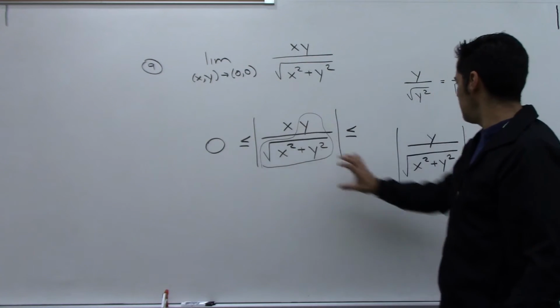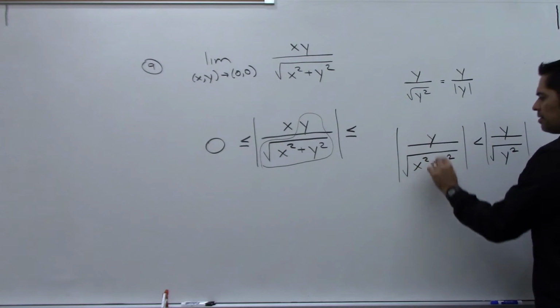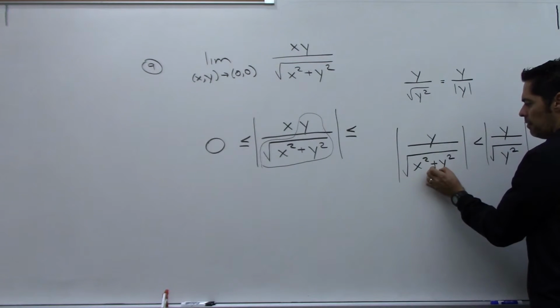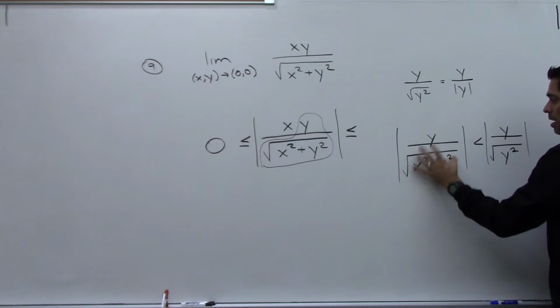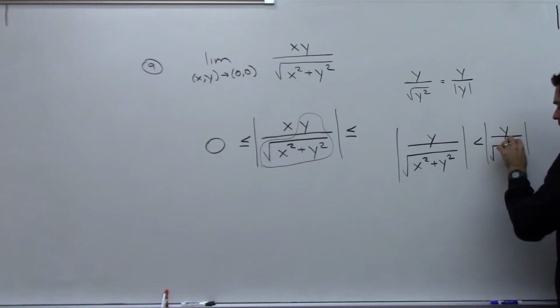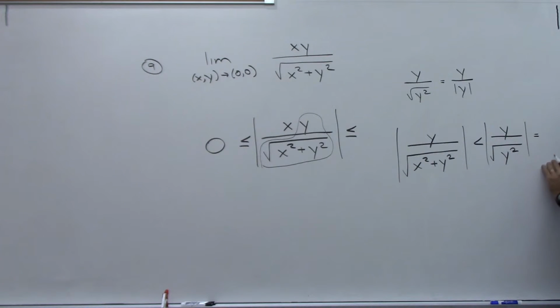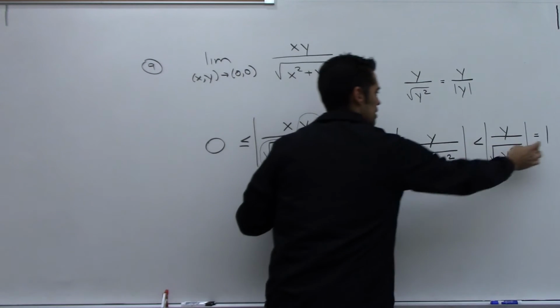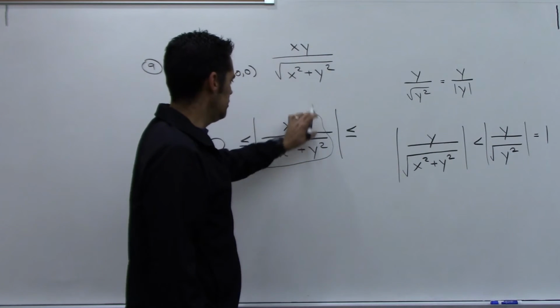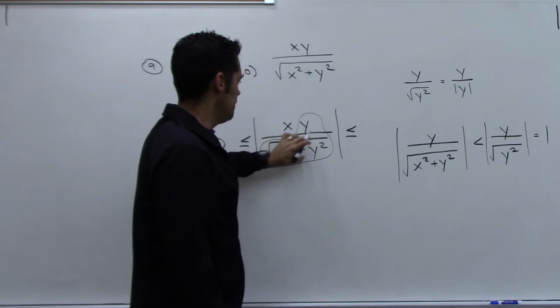This piece right here, since x squared is being added to y squared, the bottom is bigger than just y squared by itself. If that's bigger on the bottom, this fraction is smaller than this one, which is just equal to 1. So this number right here, whatever it turns out to be, is always less than or equal to 1.